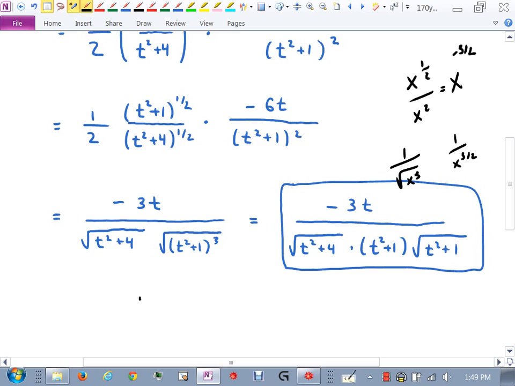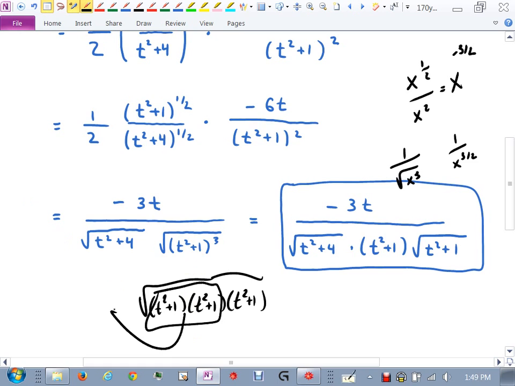This right here means (t squared plus 1) times (t squared plus 1) times (t squared plus 1), right? That's what that means, cubed. Every time you see a group of 2 in here, it can come out as one of them, right? Like if I had x squared under square root, it would just be x. Same thing. So that's this right here.